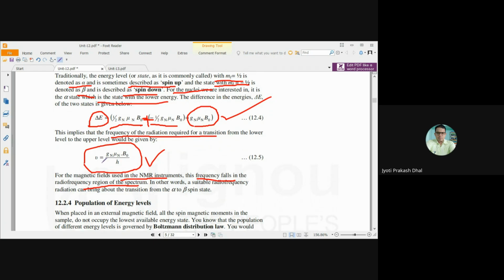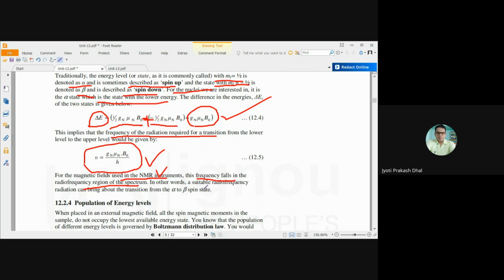After calculating the value of nu, putting in the values of the magnetic field, mu_n, g_n, and Planck's constant, you can see that the frequency nu falls in the radio frequency region of the spectrum.